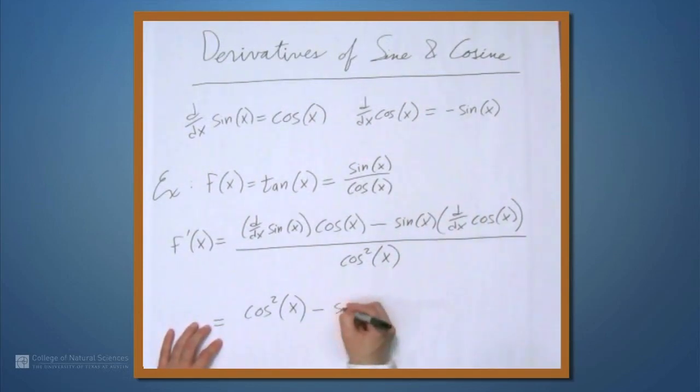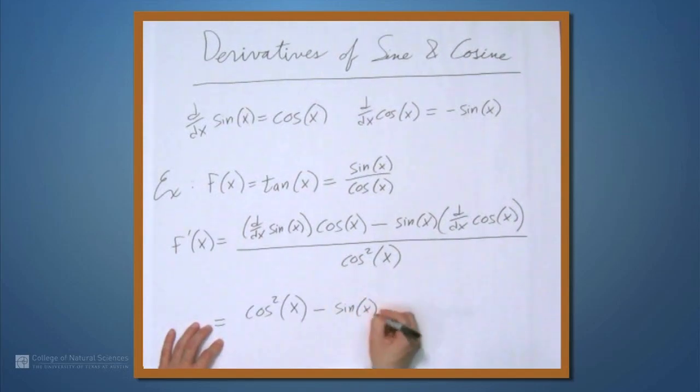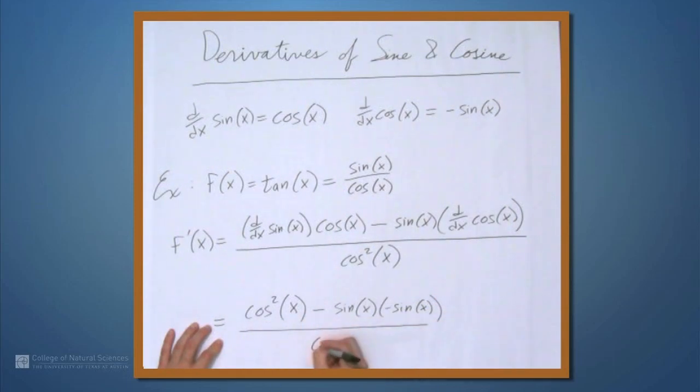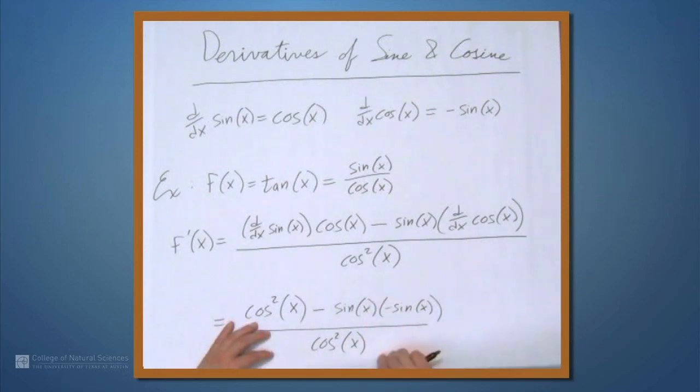So minus sine x times negative sine x all over cosine squared x. Now you might already see where this is going. This minus and this minus cancel, and on the top we end up with a cosine squared plus sine squared. So let's do that on the next sheet of paper.